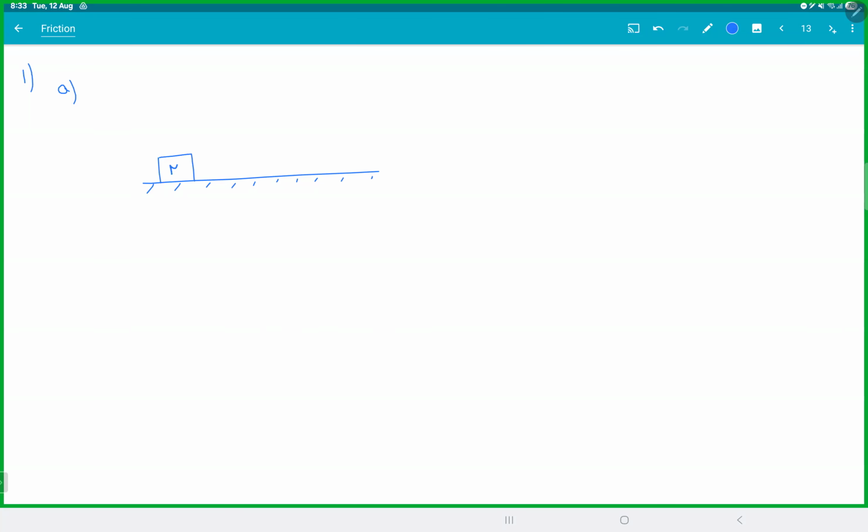So we have a block of mass m. Mu is the coefficient of friction. Right now, if nothing is mentioned, if only mu is given, then assume mu s is equal to mu k.